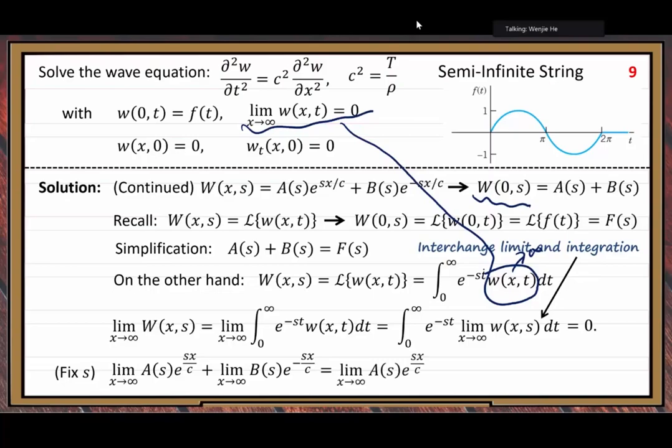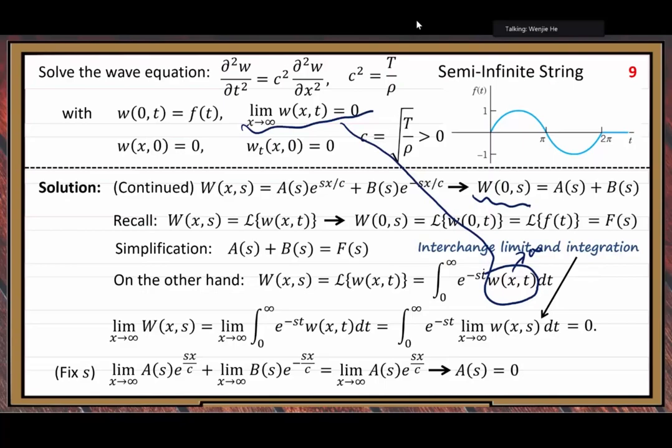So this capital A of s is 0 for all s. Then you go back to the W expression, and the A term is gone. You only have the B term. B is known.